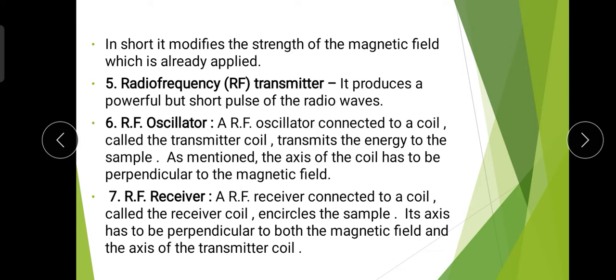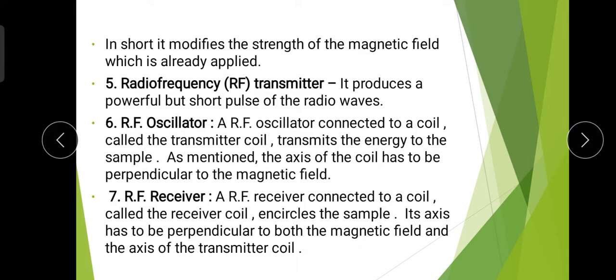That means the sample is totally covered by the receiver coil, and its axis has to be perpendicular both to the magnetic field as well as to the axis of the transmitter coil. That means the axis of the RF receiver is perpendicular to both of them.